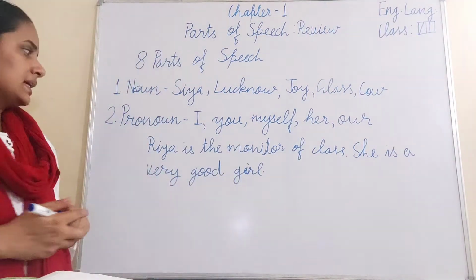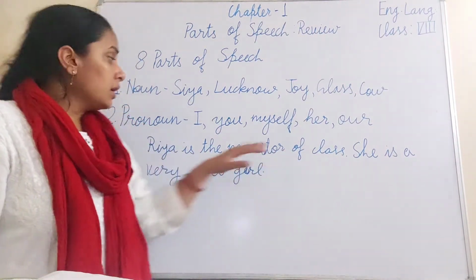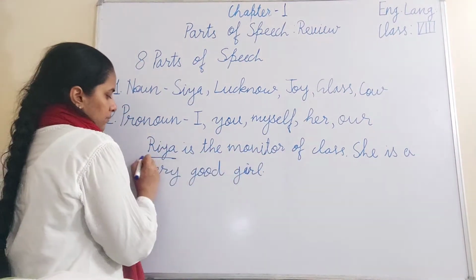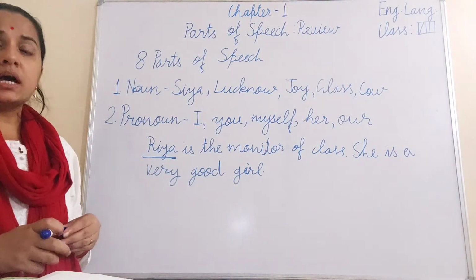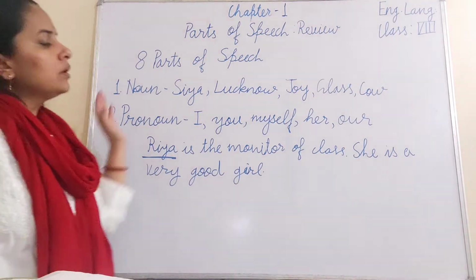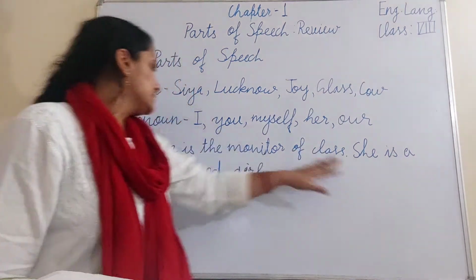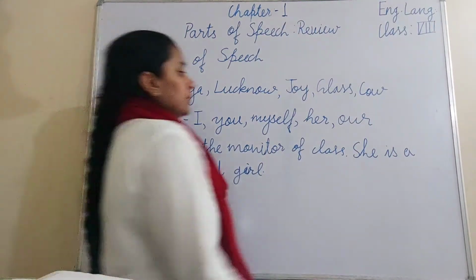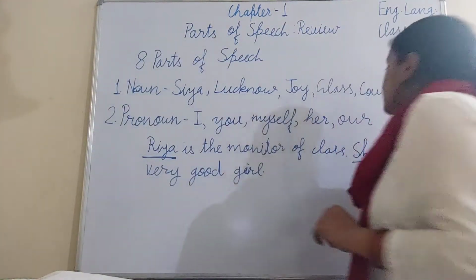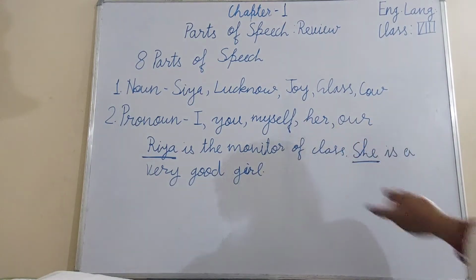So, in this sentence, Ria is the monitor of the class. Ria is the name, and that is why it is the noun. Now, when we are talking about the second sentence, She is a very good girl. Here, this word she is referring to Ria only.